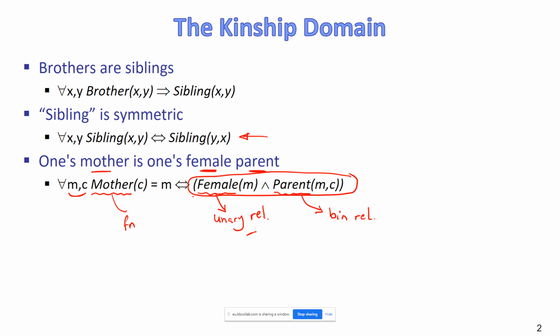So this rule applies to any two persons in the world. The first is the mother of the second, if and only if the first is a female and the first is the parent of the second.